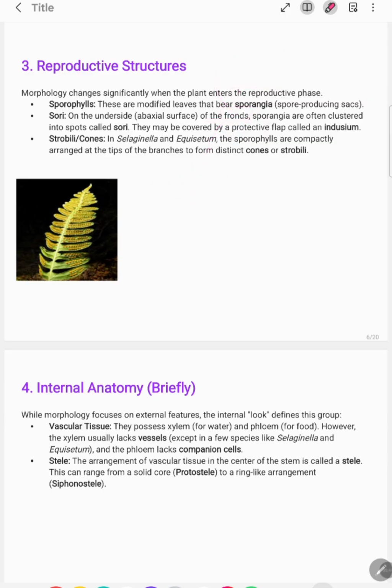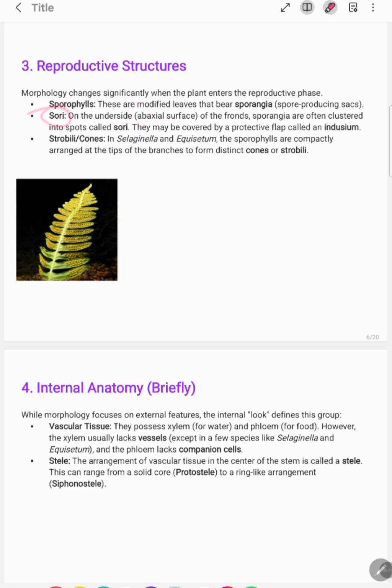On the underside, the abaxial surface of the frond, sporangia are often clustered into spots called sori. The abaxial surface is your lower surface and adaxial is the upper surface of the leaf. I hope we are clear with this. Abaxial means the lower.